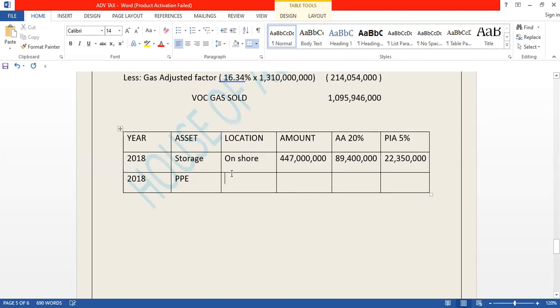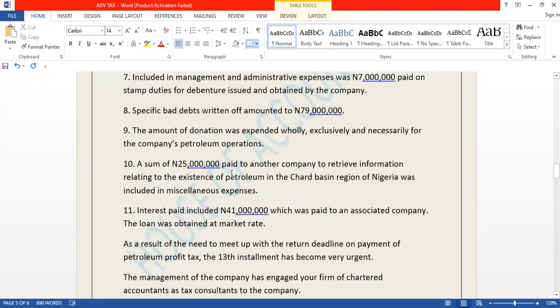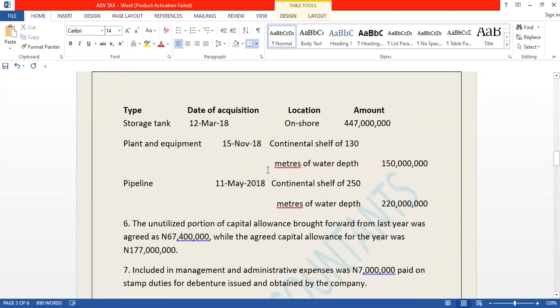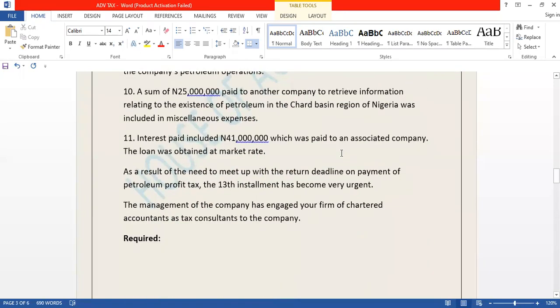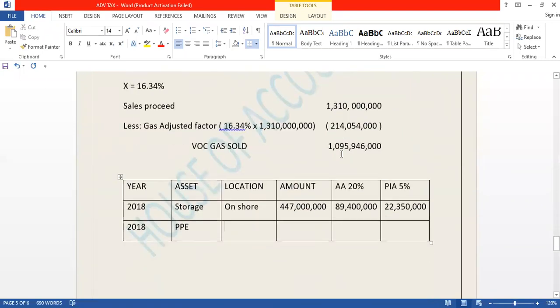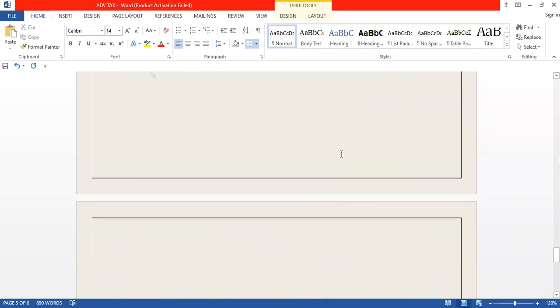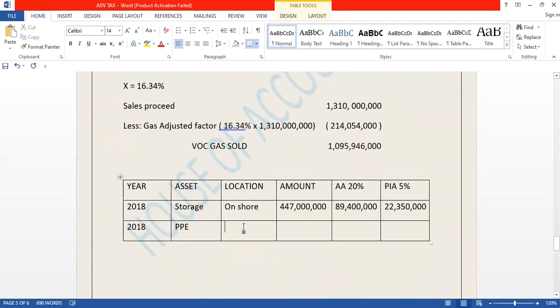So the location now, the location here from the question is said to be 130 deep. So we are going to put 130 here. So 130, that is the location deep.